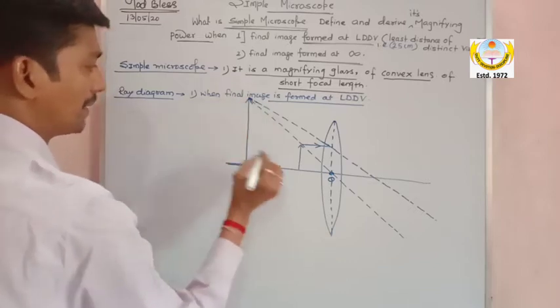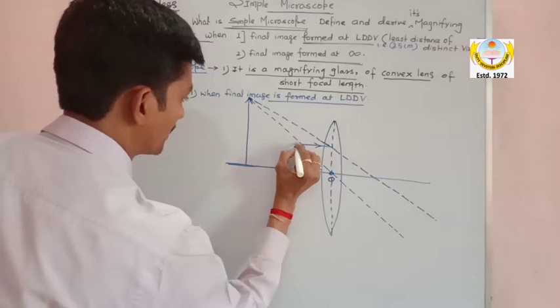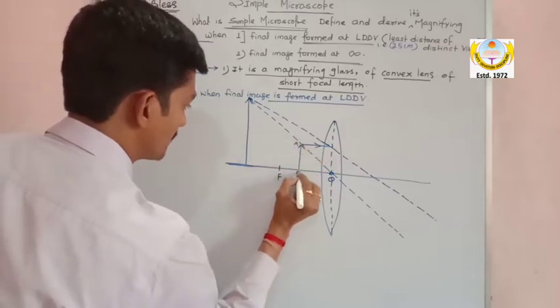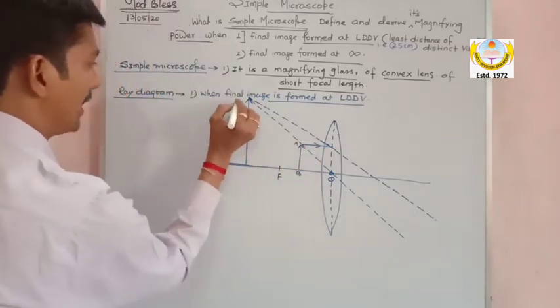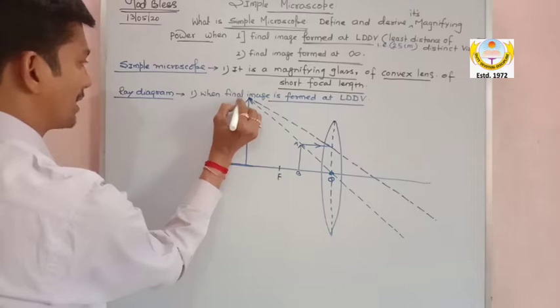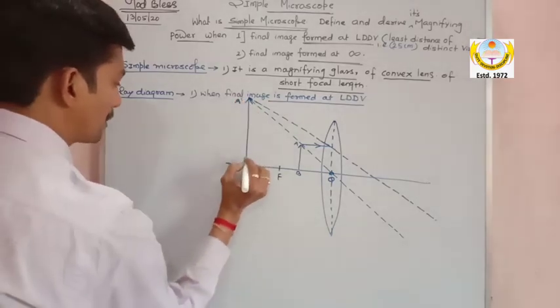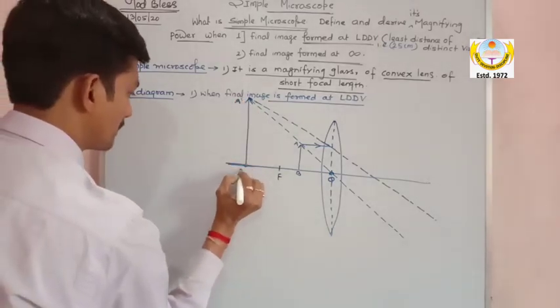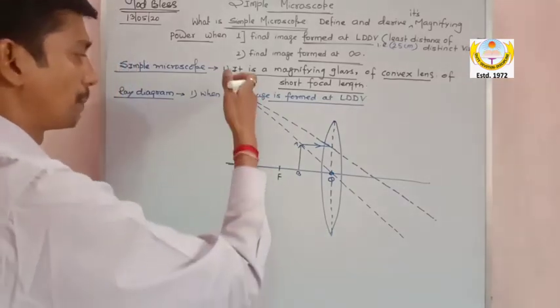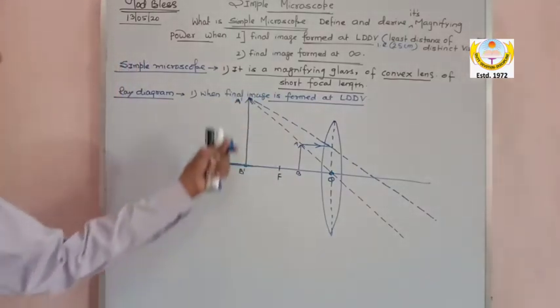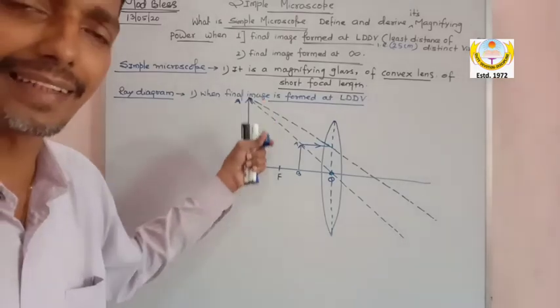Suppose the object is named as AB, so I will give the name of the image as A dash B dash. This is the image obtained, and you can see the image is virtual, erect and magnified.